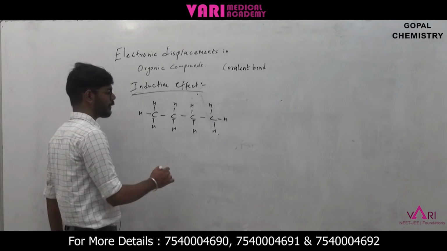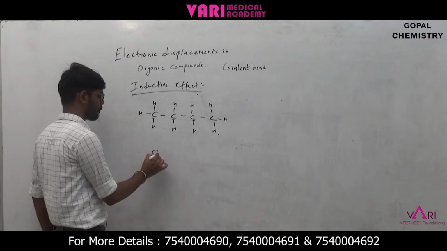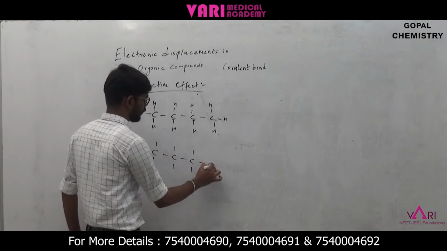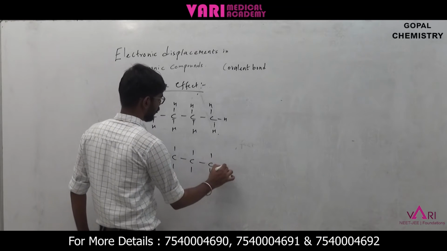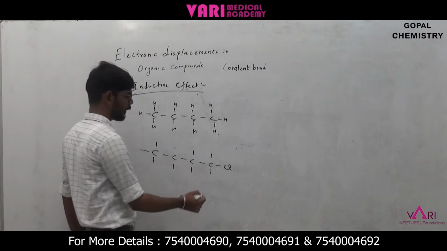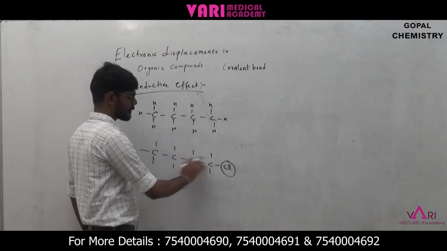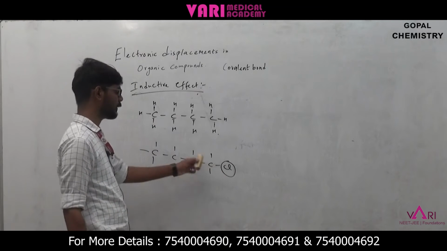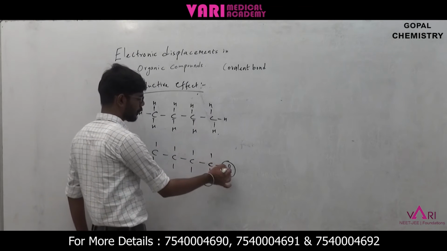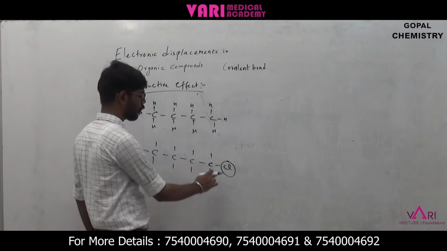Okay, so in some other molecules, for example, 1-chlorobutane. Okay, so here the chlorine atom is attached to this carbon skeleton or carbon chain. Here the carbon and chlorine are directly bonded by one covalent bond.